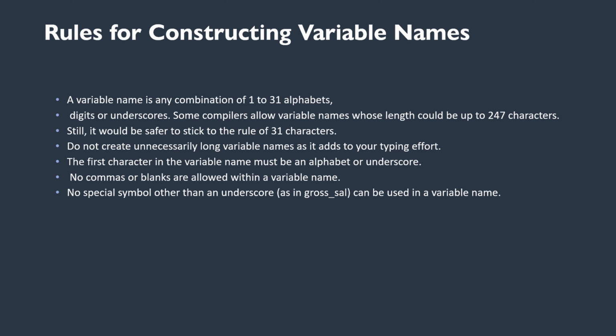Do not create unnecessarily long variable names, as it adds to your typing effort. The first character in the variable name must be an alphabet or an underscore. No commas or blanks are allowed within a variable name. No special symbols other than underscore can be used in a variable name. So these are the rules for constructing a variable name, right?